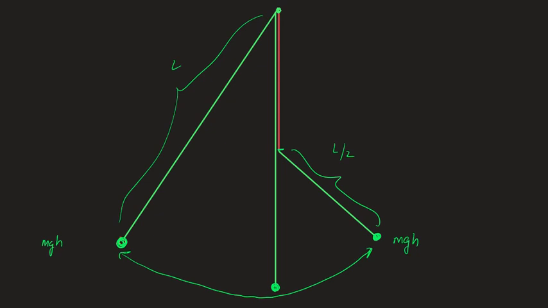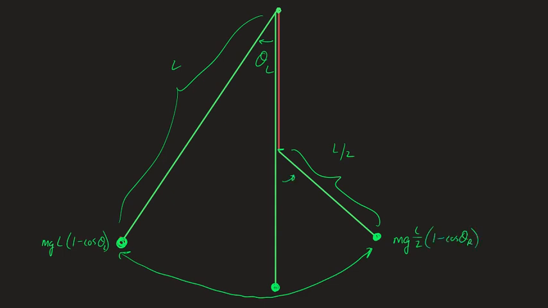So on this side, the potential energy will be based on L times 1 minus cosine theta. And there's the theta on the left side. But here, this will be L over 2 times 1 minus cosine theta on the right side.